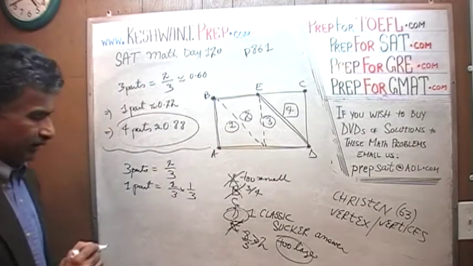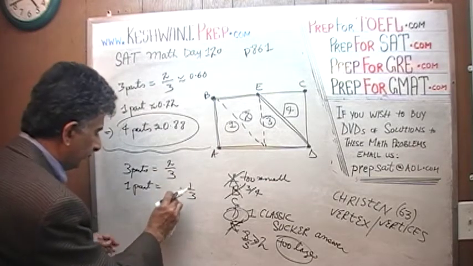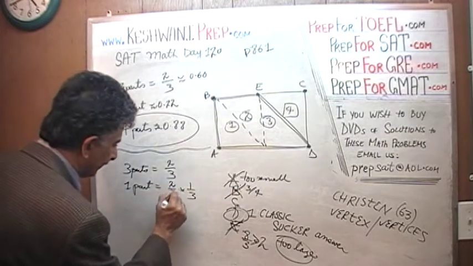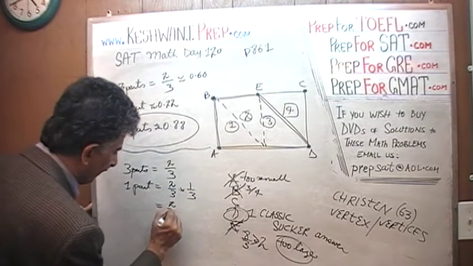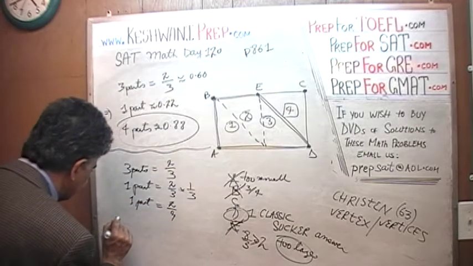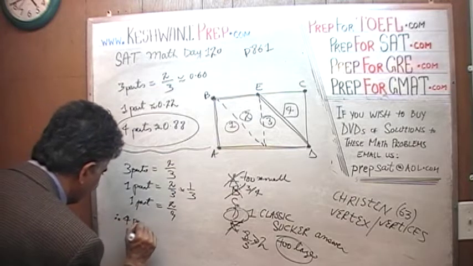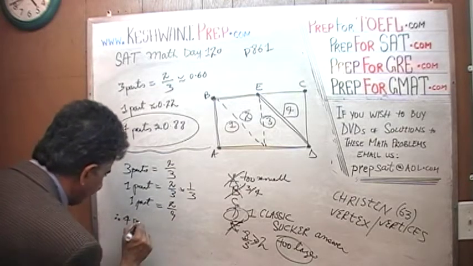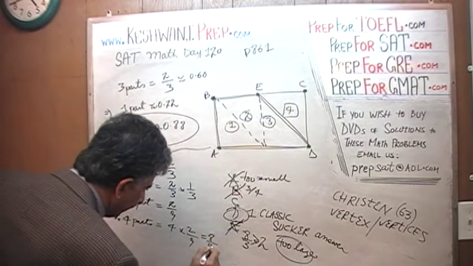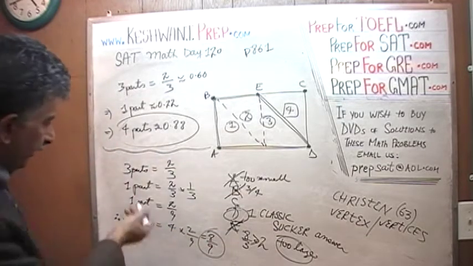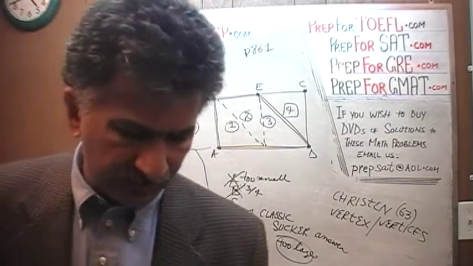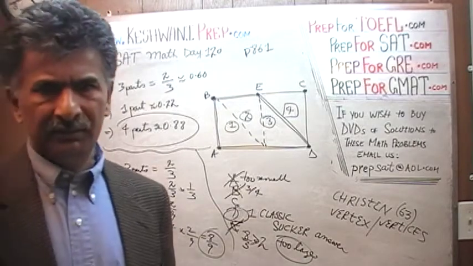You see, this is getting complicated. 2/3 times 1/3 will give us 2/9, which is 1 part, and therefore 4 parts would be 4 times 2/9 or 8/9. But I wouldn't recommend doing the bottom way because it's too tedious, too many chances to make a mistake, and too much to think. Just keep it simple.